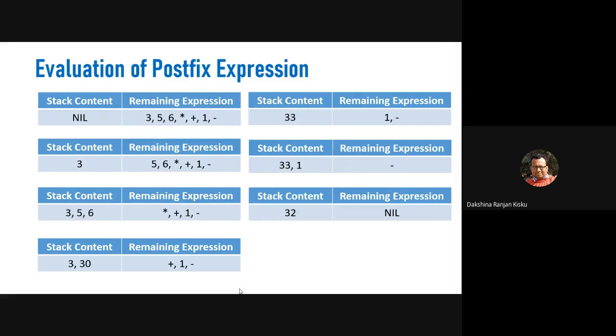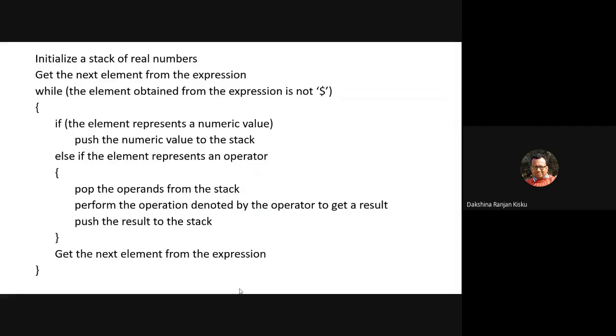We start the scanning from the left of the postfix expression, and the rule is that whenever we see an operand, it will be pushed into the stack. Otherwise, if we see an operator in the remaining expression, then the necessary operands will be popped out from the stack, and the corresponding operation will be performed. So this is the algorithm for evaluation of a postfix expression.